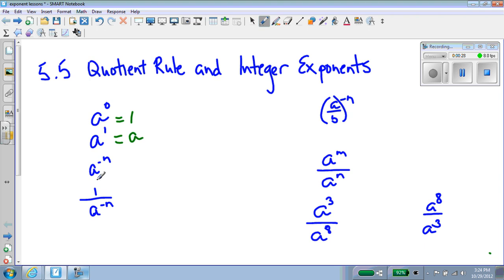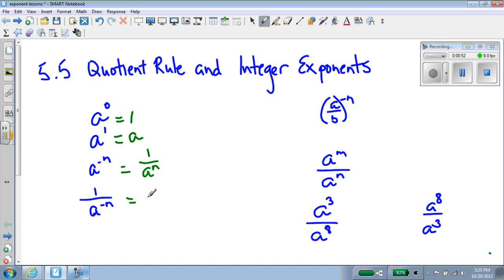Let's try anything raised to a negative power. Well, a negative power actually is not a negative number, but a reciprocal. So anything raised to a negative power would be 1 over that same thing raised to a positive power. How about 1 over anything raised to a negative power?